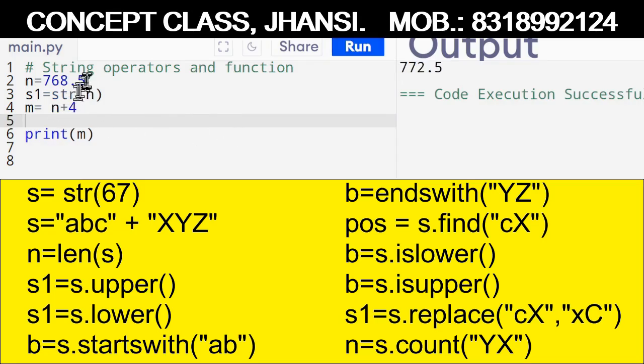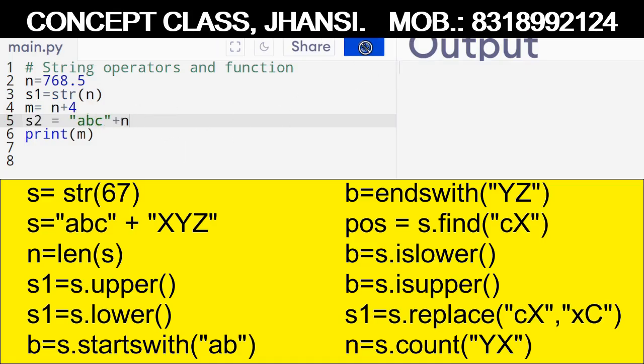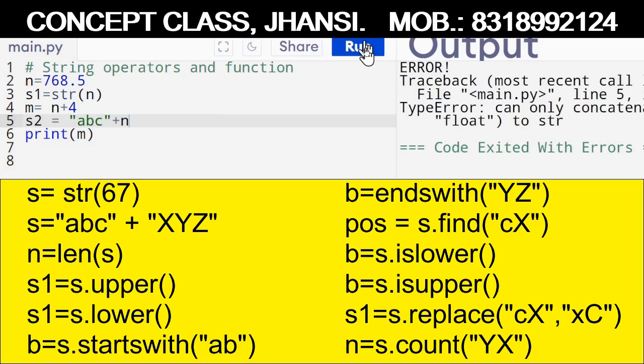Now you can add it. If we want to add to this string, say s2 is equal to say ABC plus n, obviously it is going to give you the error. Check. So it is an error. What we have to do?